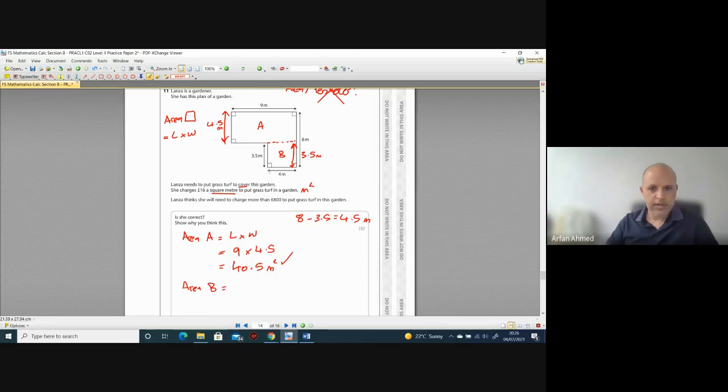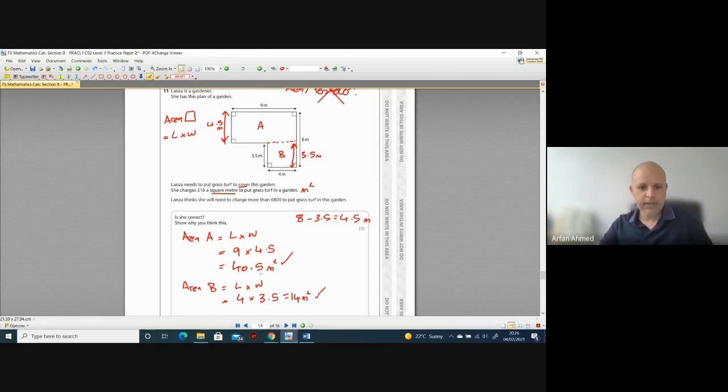Let's do area B. I just need one length and one width. So 4 times 3.5, which is exactly 14 meters squared. That's my second mark.